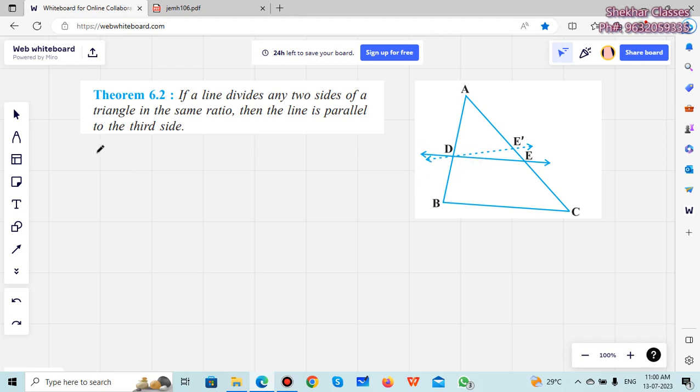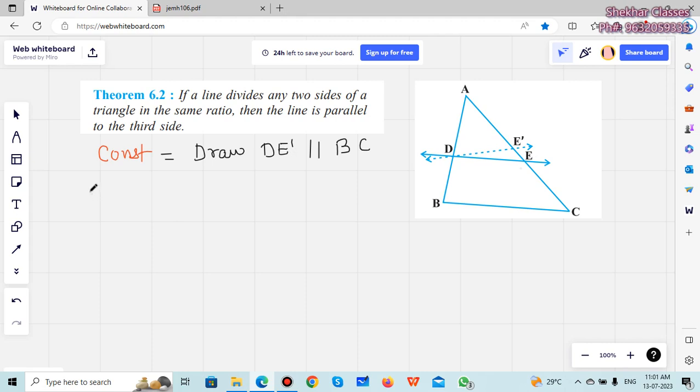So what is the construction that we have to do? Construction. Draw DE dash parallel to BC, after assuming that DE is not parallel to it.